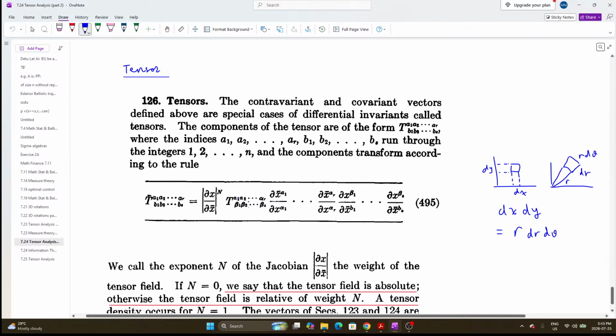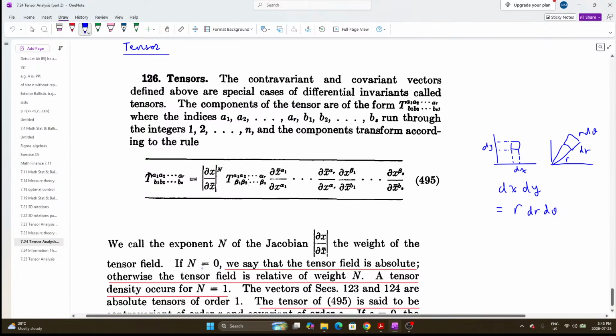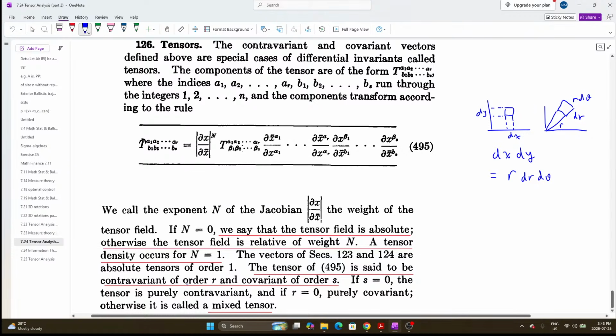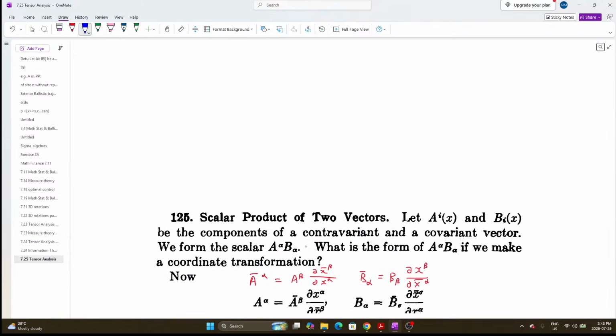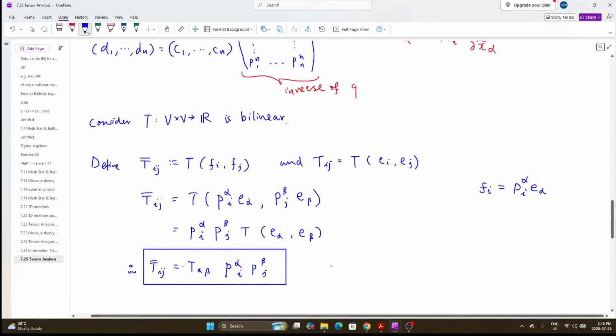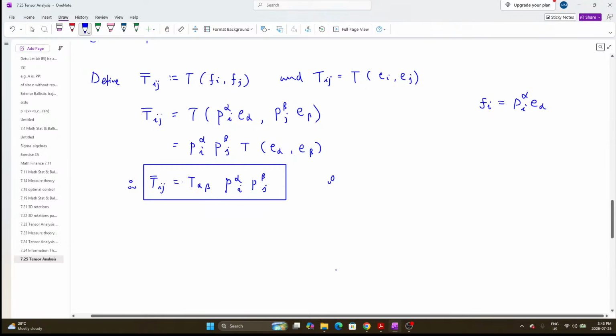This is a monstrosity, right? The downstairs index here is this object here. This is covariant of order S. So that's it. Therefore, a bilinear form is a covariant tensor of order 2.